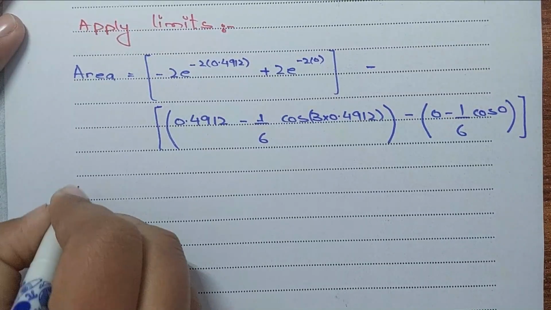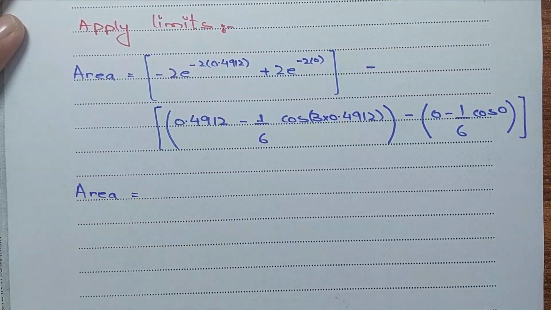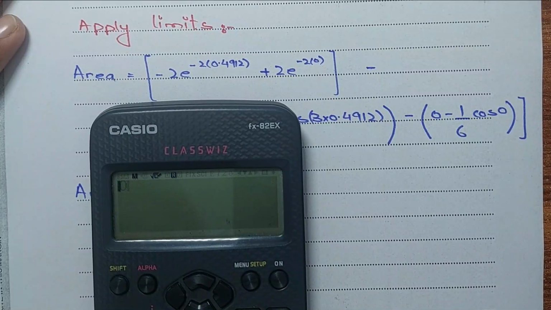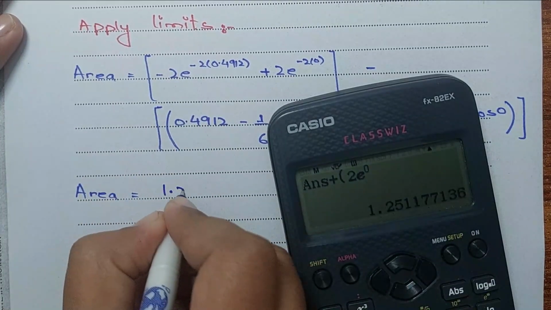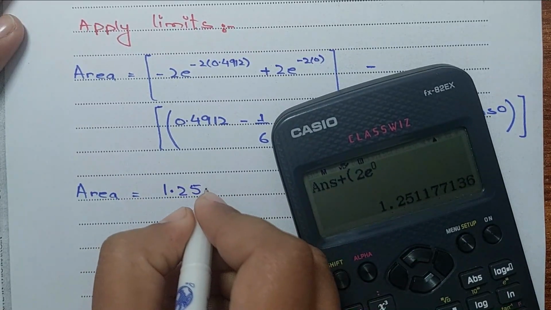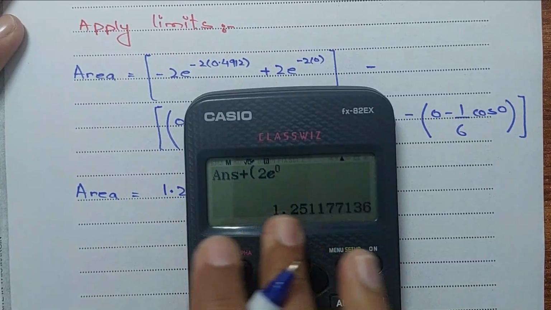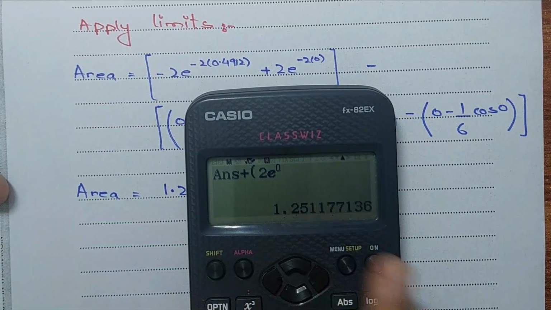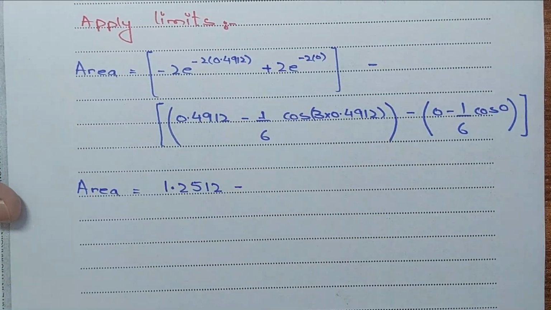Okay, so the area becomes minus 2 e to the power minus 2 times 0.4912, and this plus 2 e to the power 0, which gives 1.25, up to 4 significant figures, 4 decimal places. Subtract, and simplify this one first.